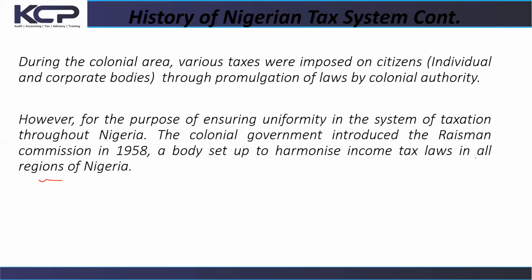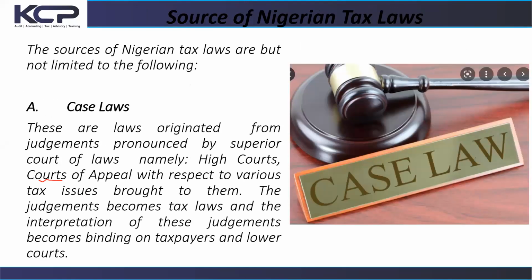We've also been able to link the traditional tax administration then to the colonial period, and what gave rise to what we call the Raisman Commission in 1958, that our Nigerian constitution draws its origin from, and by extension, translated into the various tax laws we have in Nigeria today. Having said that, what are the sources of our Nigerian tax law?